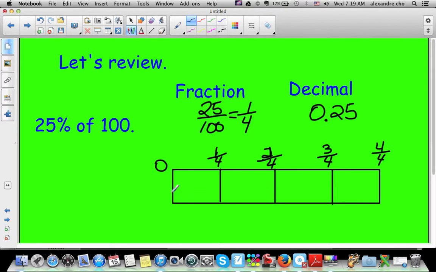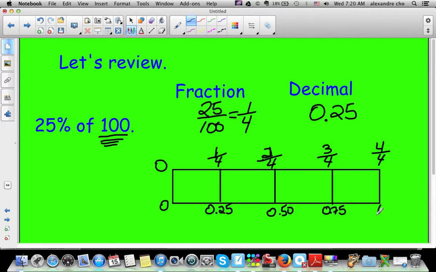Okay. Decimal. So pretend for a second that 100 means 100 pennies. This would be 0 pennies. This would be a quarter, or 25 cents. This would be 50 cents. This would be 75 cents.